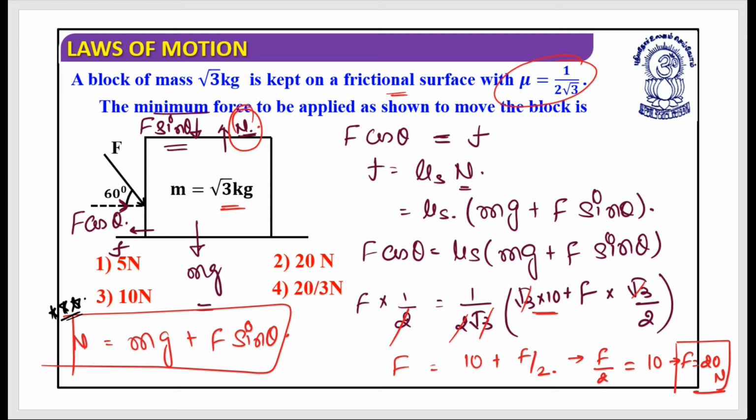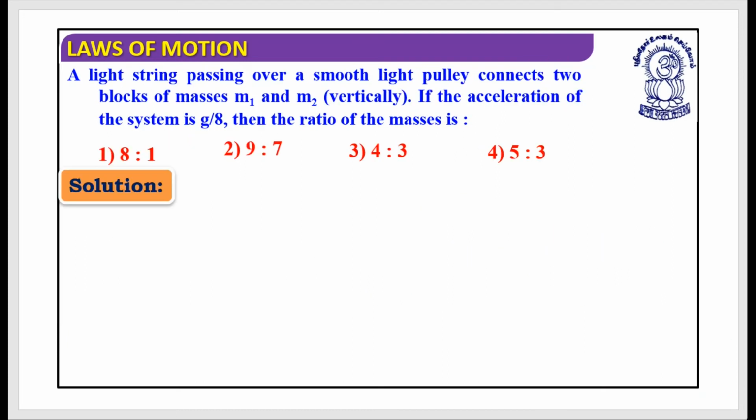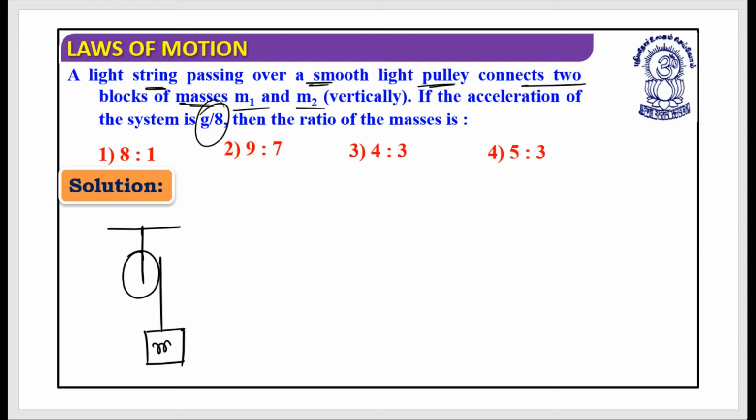Let's have a look. It says that a light string passes over a smooth light pulley and connects two blocks of mass m1 and m2 vertically. If the acceleration of the system is g by 8, then find the ratio of the masses. Let's suppose this is m1 and this is m2.